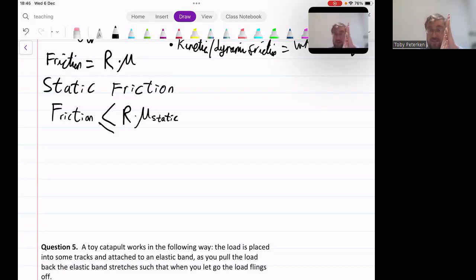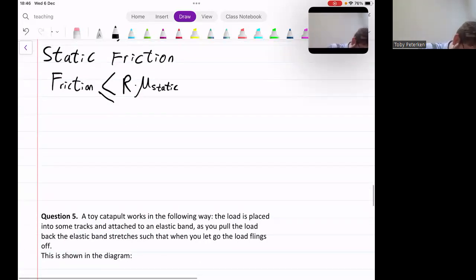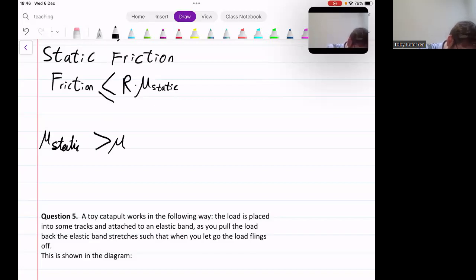When things are sliding, the friction force is always equal to mu R, but in that case, the mu is the dynamic or kinetic coefficient of friction. And finally, it is often the case that mu static is greater than mu dynamic.